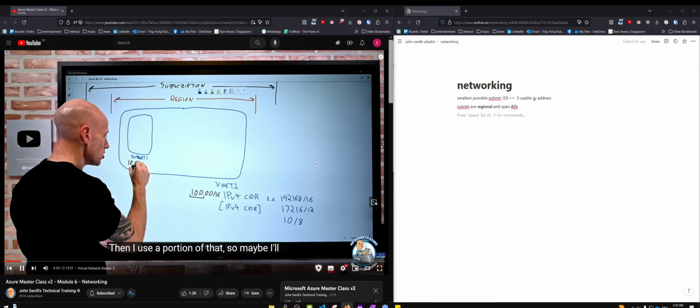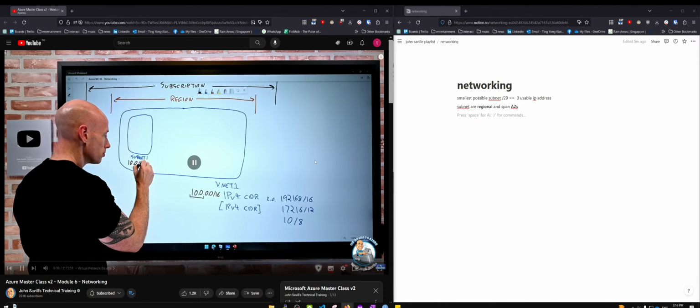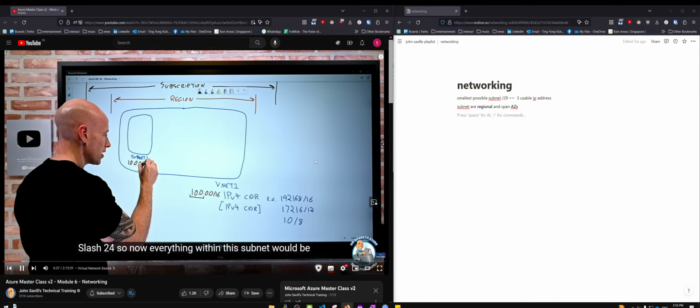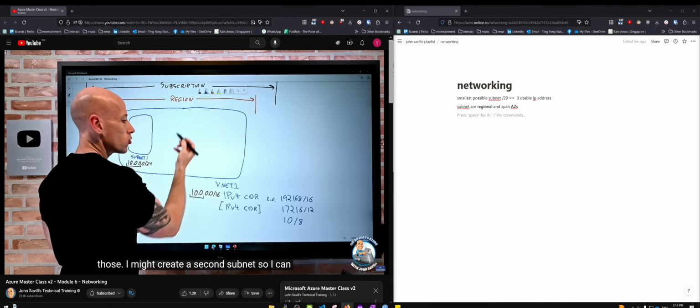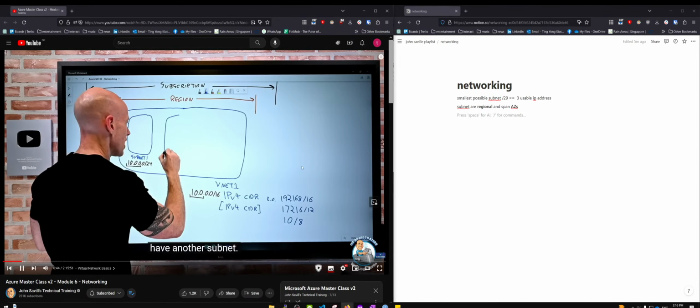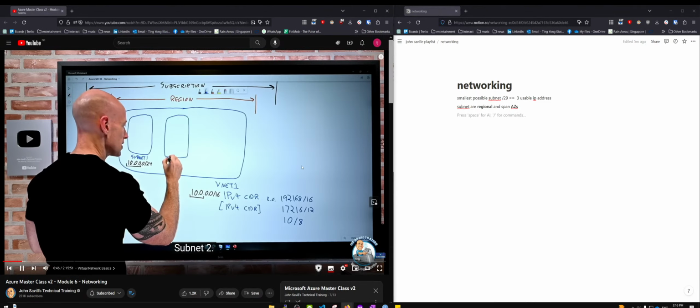So maybe I'll do 10.0.0/24. Now everything within this subnet would be those. I might create a second subnet. So I can have another subnet, subnet 2.